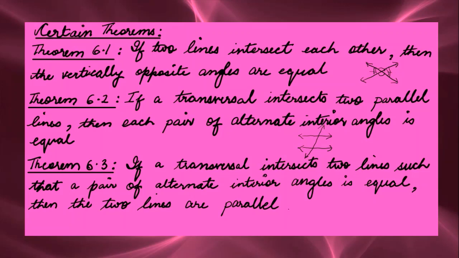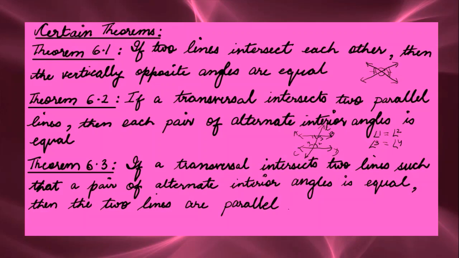Alternate interior means this angle equals this. If this is angle 1 and this is angle 2, then angle 1 equals angle 2. And if this is 3 and this is 4, then angle 3 equals angle 4. So if transversal L intersects the two lines AB and CD, then each pair of alternate interior angles is equal.